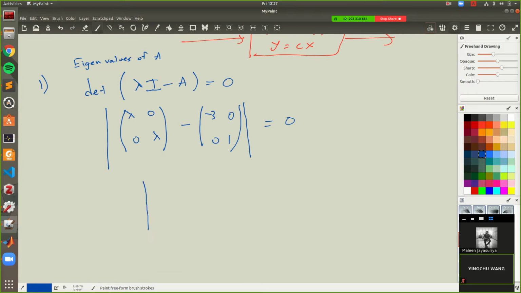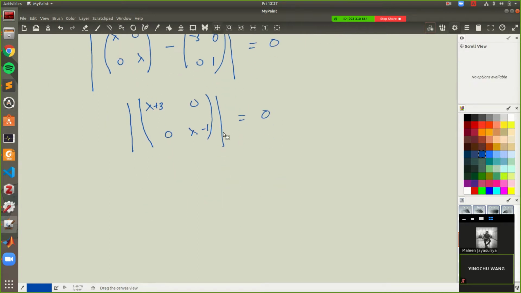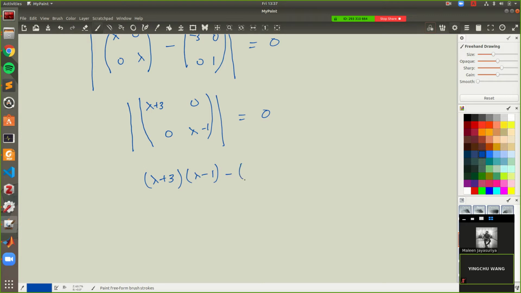And what that means is determinant of lambda plus 3, 0, 0, lambda minus 1 equals 0. The determinant of a 2 by 2 matrix is just this into this, minus this into this. So that's lambda plus 3 times lambda minus 1 minus 0 into 0, so lambda plus 3 times lambda minus 1 equals 0.